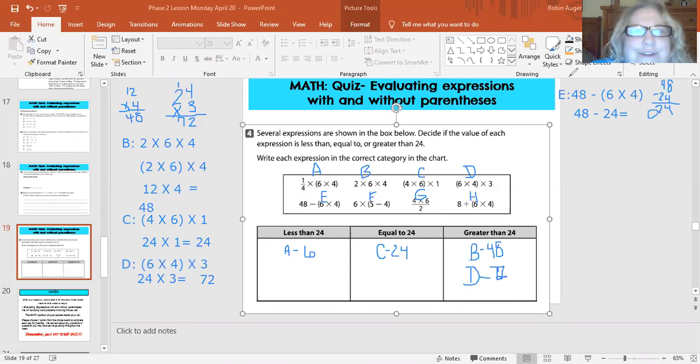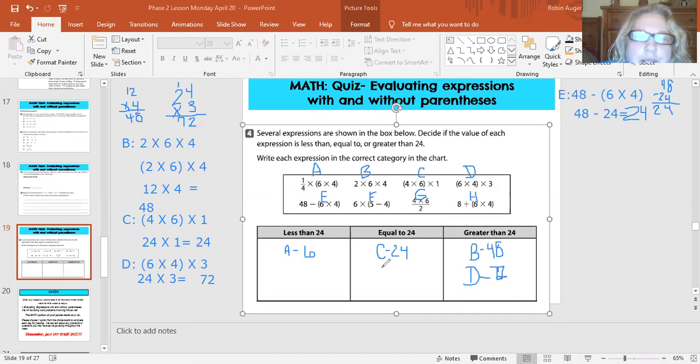Whoops, I got a little crazy there. 24. Okay, so I might as well write it right in here. 24. Okay, and 24 times 2 is 48. Just remember that just in case we need it. So this one is right on the money.